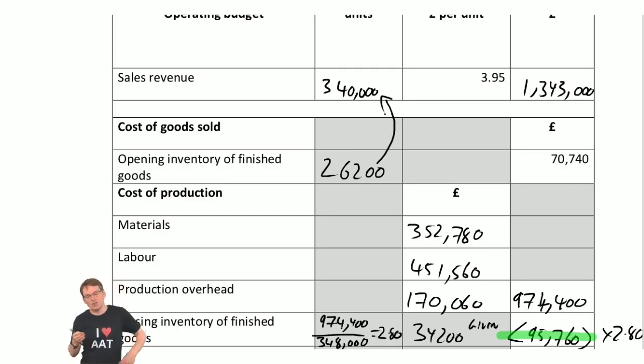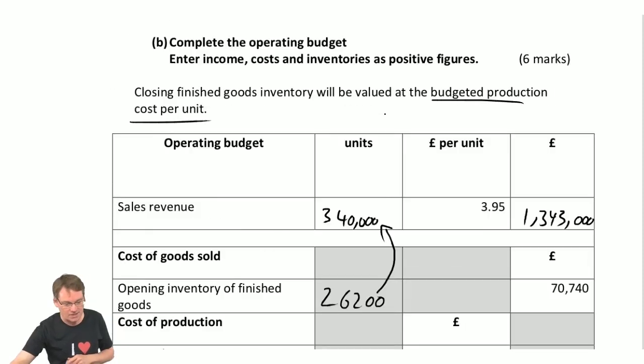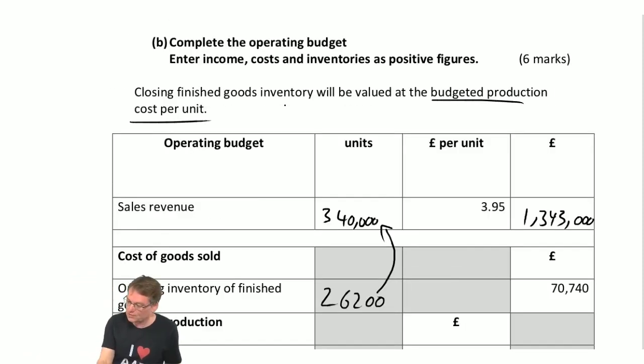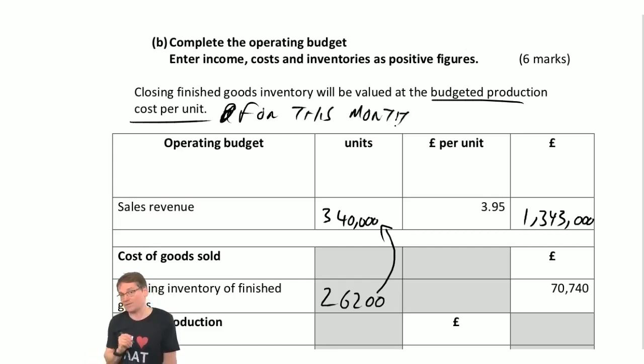So first in, first out, the first things you sell are the ones that are already there. All right, so the ones that are left at the end, the closing inventory, must have been made this month. That's why it says the closing goods inventory will be the budgeted production cost per unit for, it doesn't say this, but this is obviously what it means, for this month.